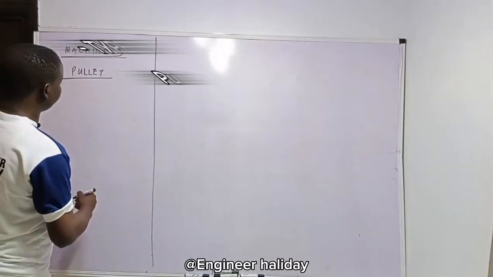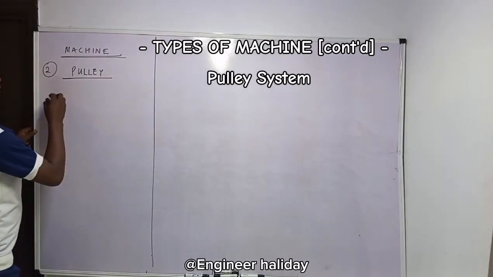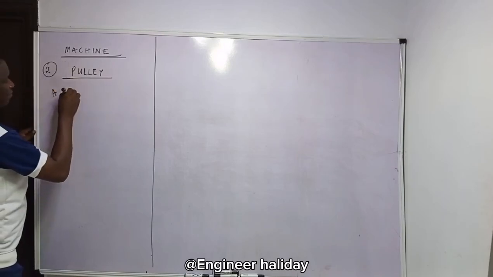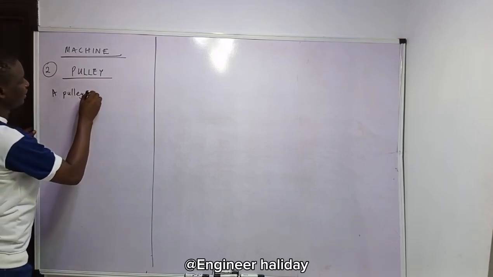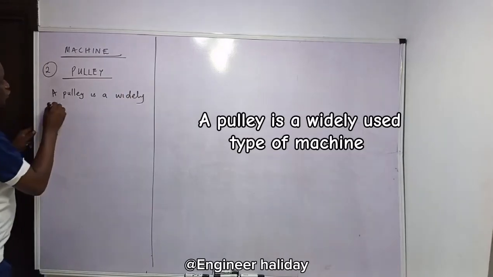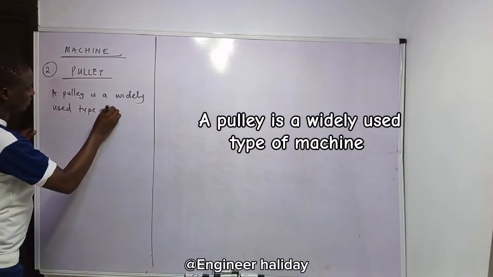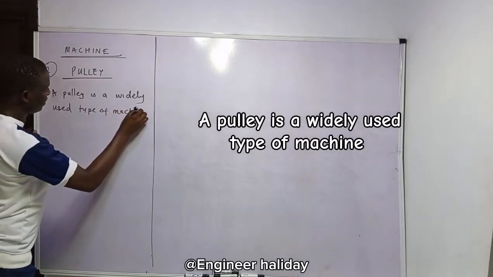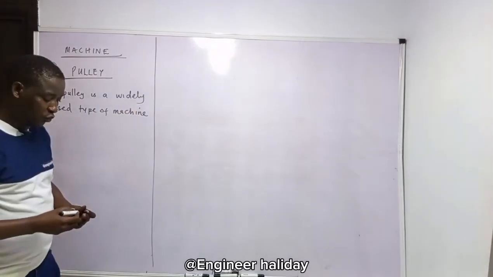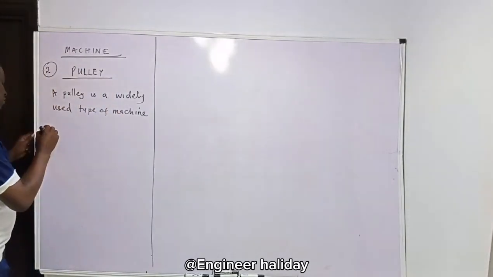I want to talk about a pulley system, which is the second type of machine. A pulley is a widely used machine.